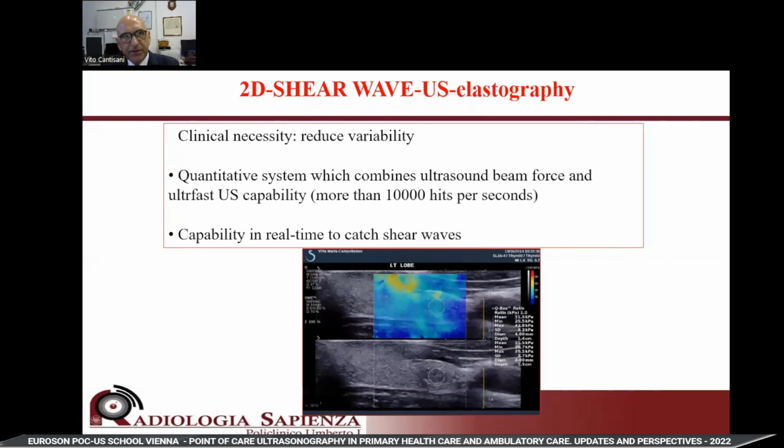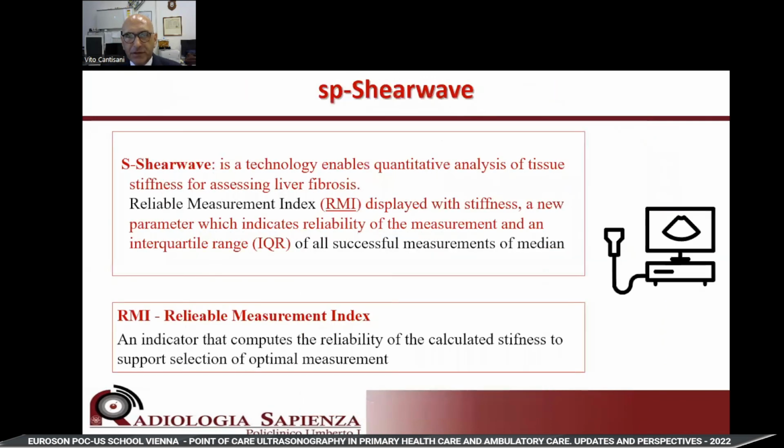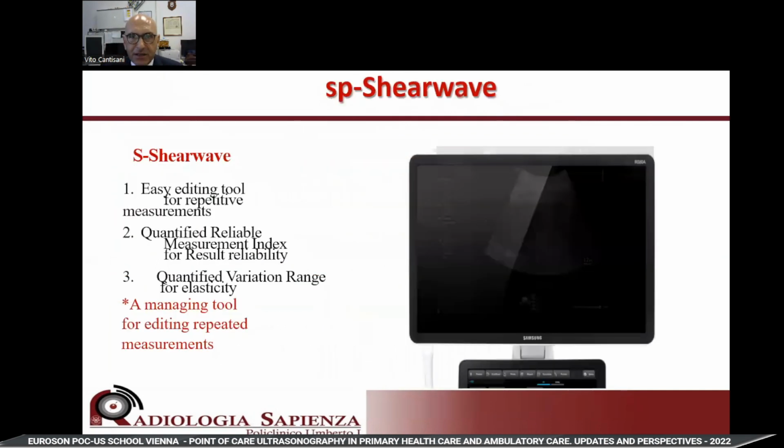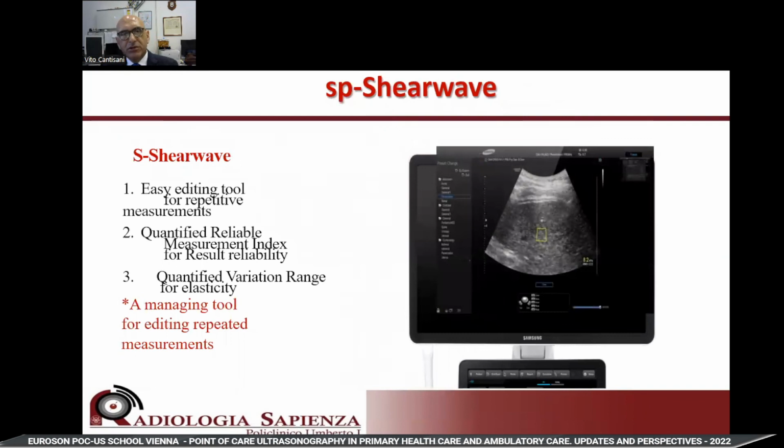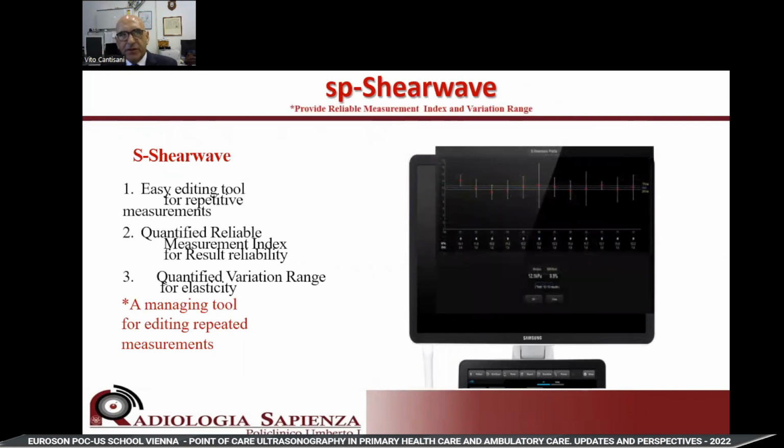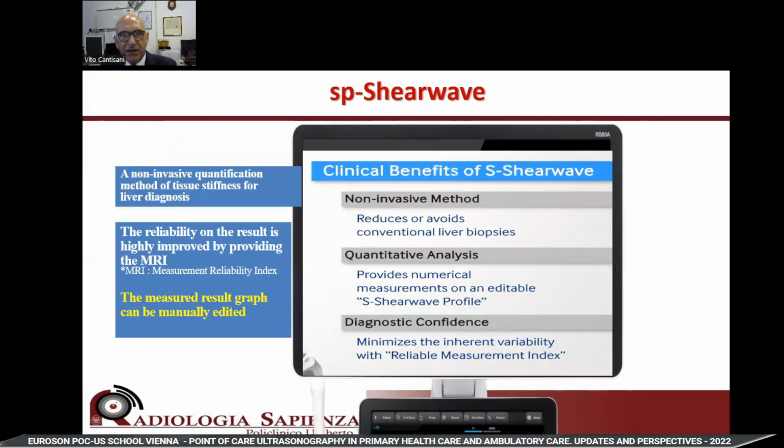We include the thyroid nodule, we put a ROI and obtain a measurement again. Single point shear wave, 2D shear wave with the new RMI, reliable measurement index, easily providing different measurements. And at the end, you put them together, you obtain a profile and the final results.